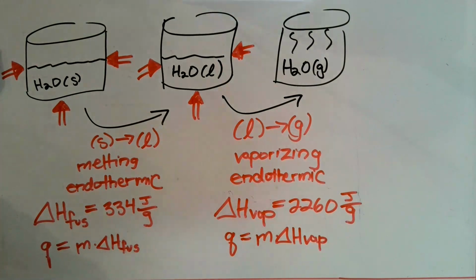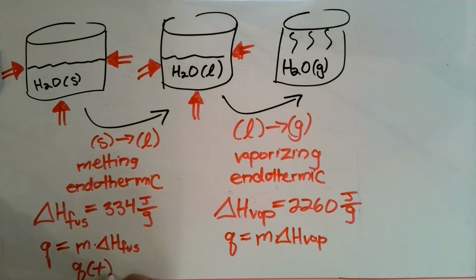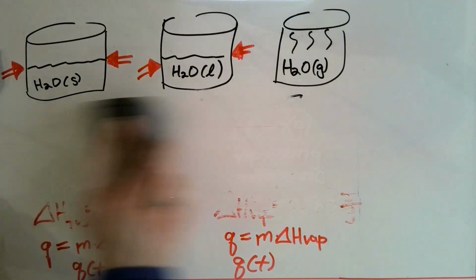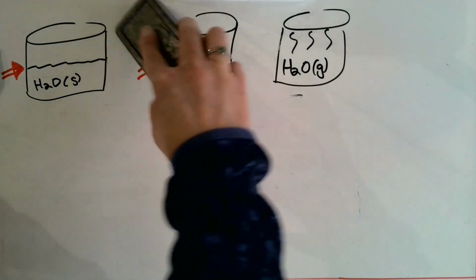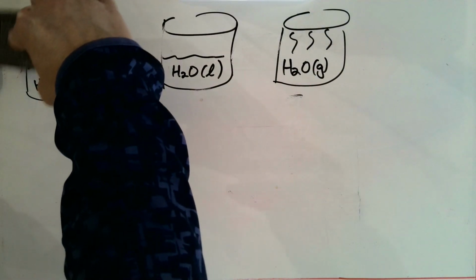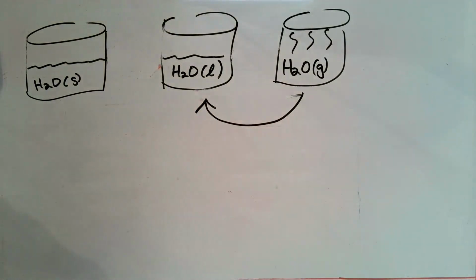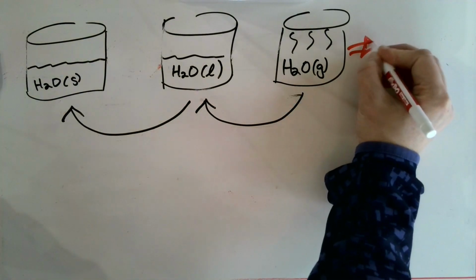And in a phase change, that's solid to liquid or liquid to gas, your Q is always positive. Now let's look at the reverse of this scenario. So let me erase this. And let's pretend we're going in the reverse direction. So if I want to go from a gas to a liquid, and then from a liquid to a solid, in order to do that, I need to remove heat.